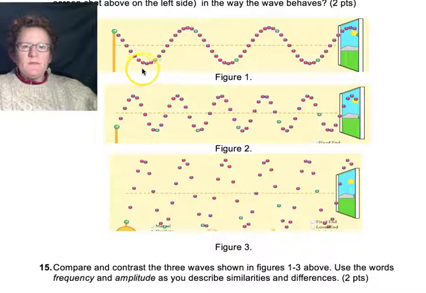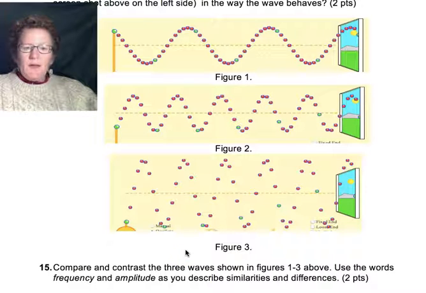You can see that the frequency, the number of waves that come across in a particular chunk of time, is different here. And amplitude, how high a wave is, how far away it is from the midline here, is different in some of these waves. So compare and contrast, find similarities and differences between the three waves in figures 1, 2, and 3. Remember to use the words frequency and amplitude in your answer.